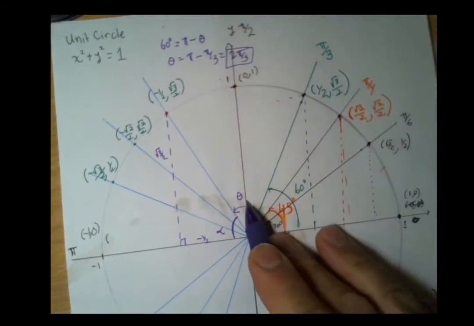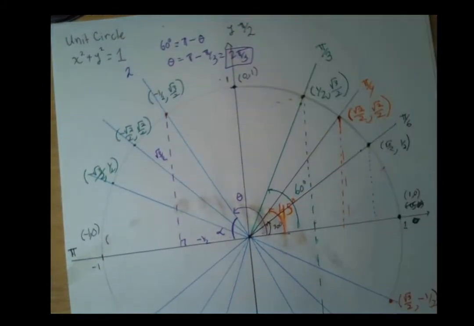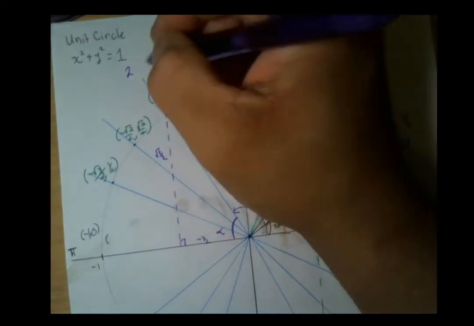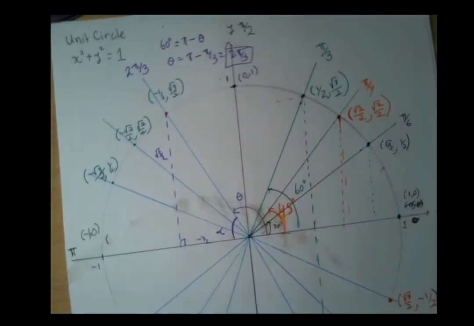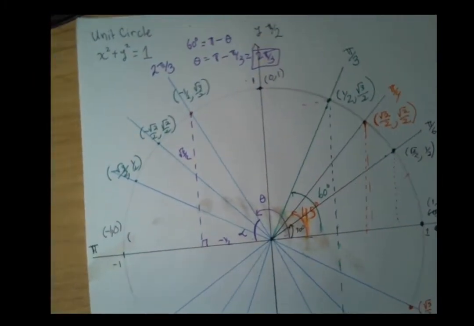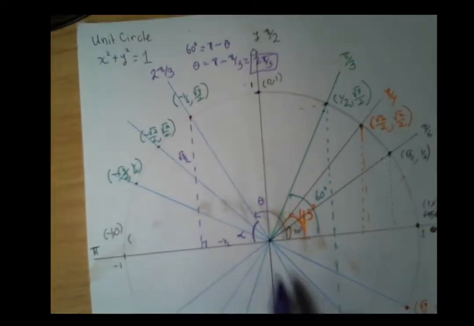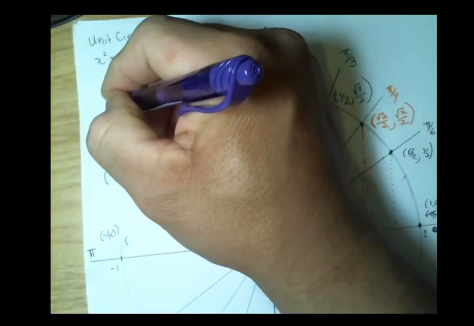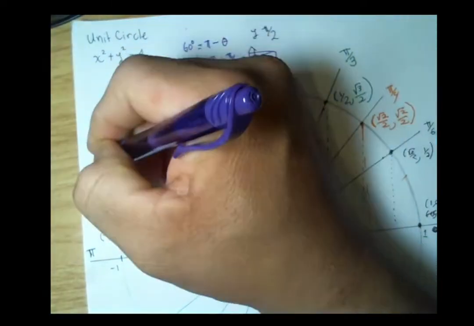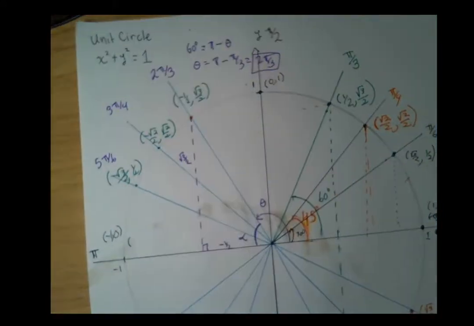So that would be what my angle theta is, 2 pi/3. And using a similar thought process, we could do the angles for this one, which would be 3 pi/4, and this one here, which would be 5 pi/6.